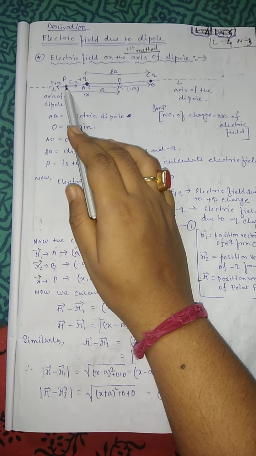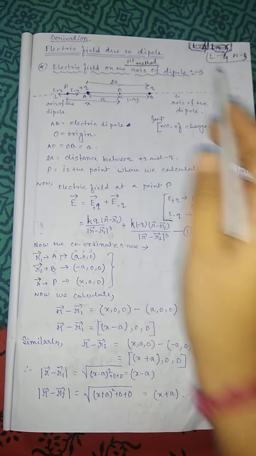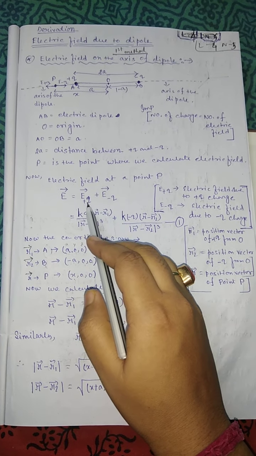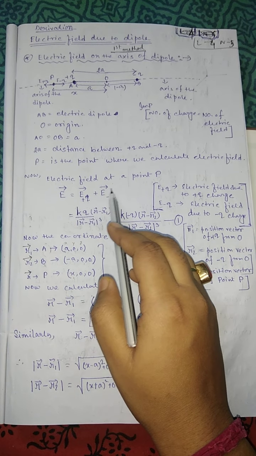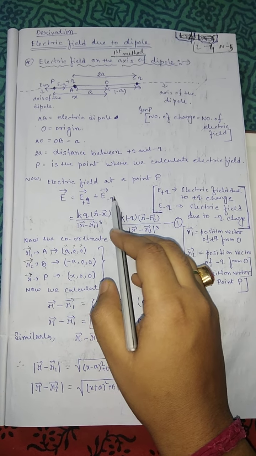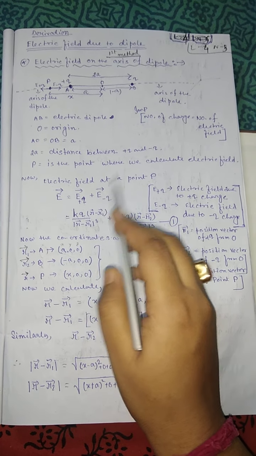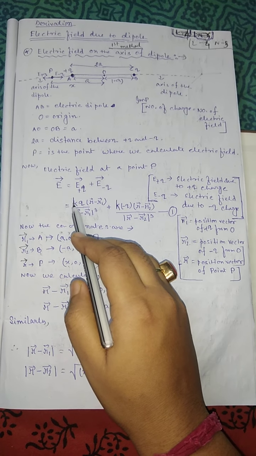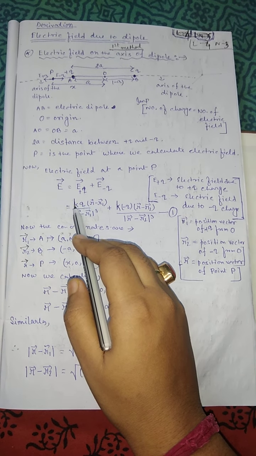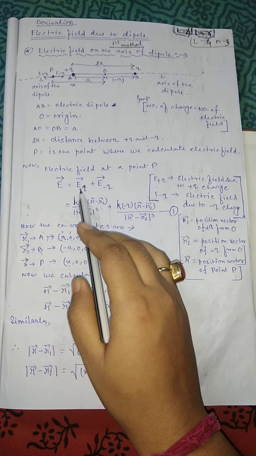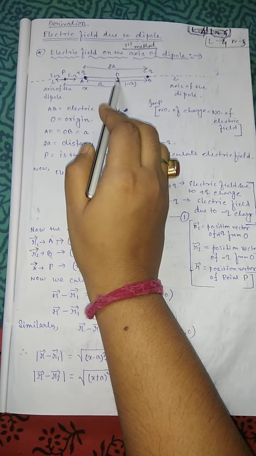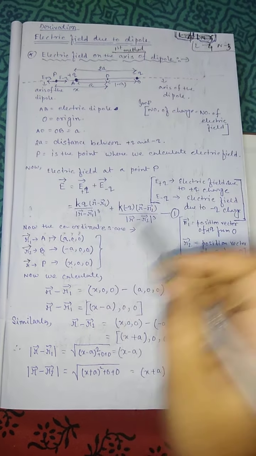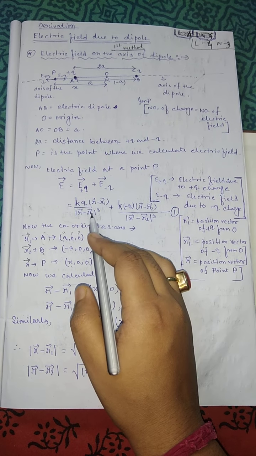So the net electric field at point P due to plus q and minus q is E equals E plus q plus E minus q. We know the equation of electric field: k is the force constant, 1 by 4 pi epsilon naught. It is k q times (r minus r1), from here to here, divided by the magnitude of (r minus r1).